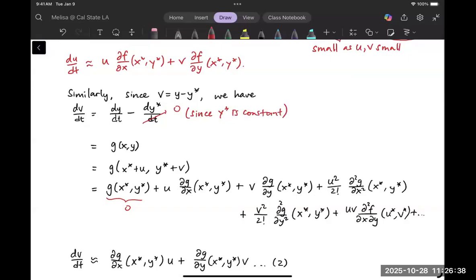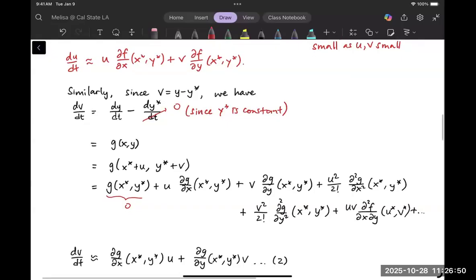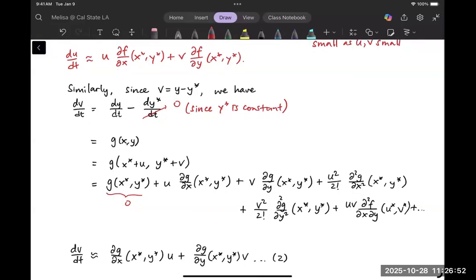Then again, we use the Taylor series expansion applied to g, evaluated at the center x star, y star. At the end, we have an approximation to dphi dt. So we just have u times the partial of g with respect to x plus phi times the partial of g with respect to y.